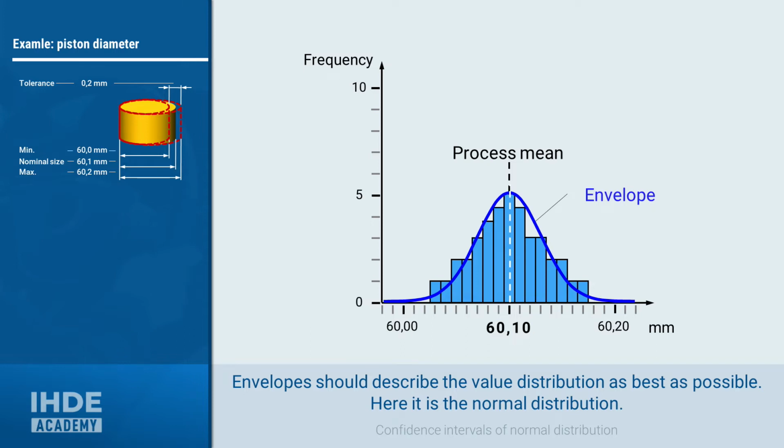Also, for later calculations, it is important to remember that these envelope curves always intersect the x-axis only at infinity. Exceptions are of course cases where there is a natural limit. So let's remove the blue bars that show the frequencies of each value and next look at some standard deviations.